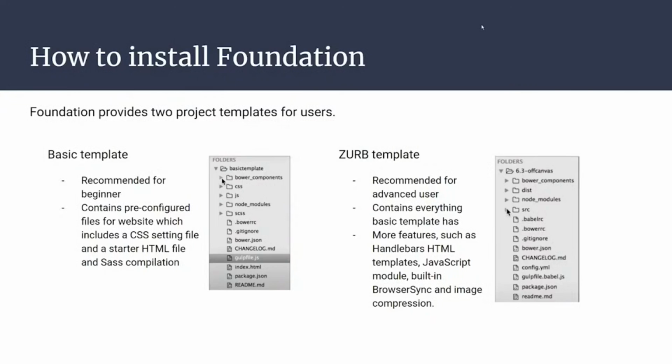Differently, the Zurb Template is for more advanced users. It includes everything in the Basic Template, and in addition, it also provides more features such as Handlebars HTML templates, JavaScript modules, built-in browser sync, and image compression.